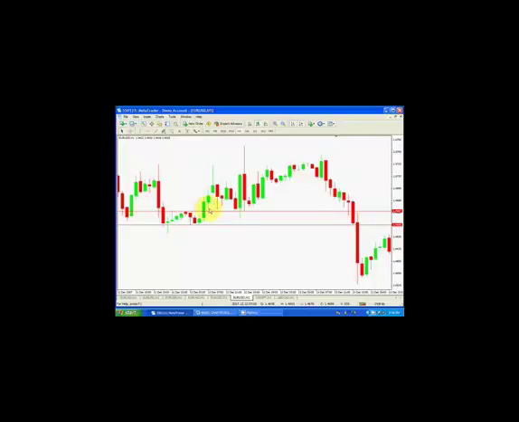But we didn't make it down, and why is that? Well, when we look at this bar here, and we draw our line at the open of this bar, we see that when price closed, it not only closed above this level of support, but it also closed above this level of support. And we can actually see that it closed above the high of this level of support.